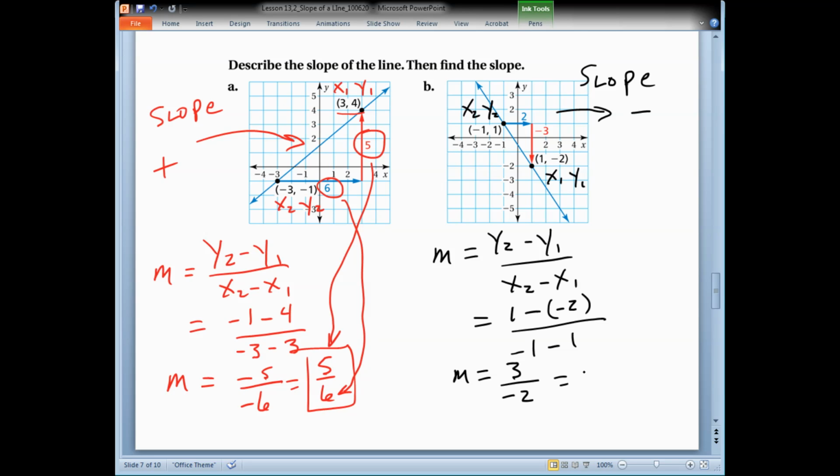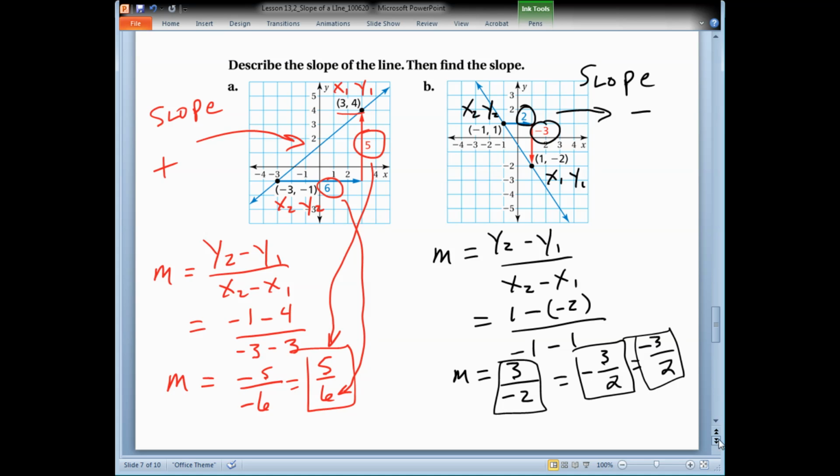So my slope is negative 3 halves. Notice they have my run as the positive number and my rise as the negative number. Remember that negative sign can move. It can be in the numerator, it can be in the denominator, or it can be out front. These are all equal, so these all represent the slope.